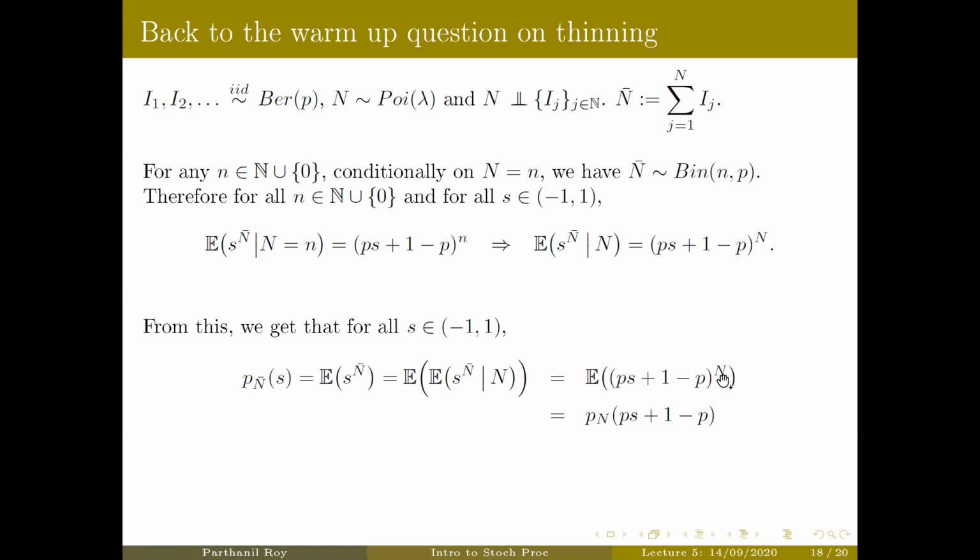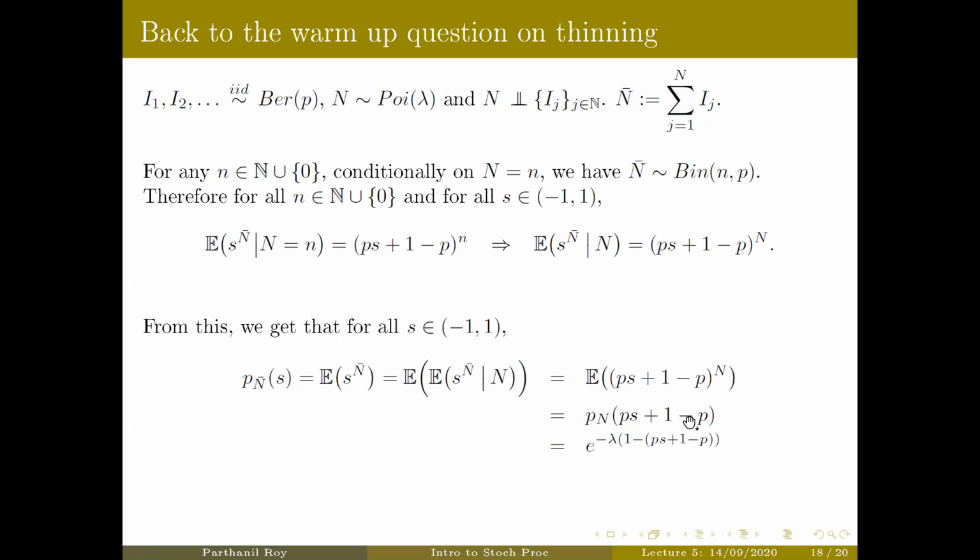Now, note that N follows Poisson with parameter lambda. And for Poisson with parameter lambda, we have already computed the PGF. If you put that value in here, you get e power minus lambda into 1 minus whatever is here. So if you had s here, it would have been e power minus lambda into (1 - s), according to our calculation in the previous slide.